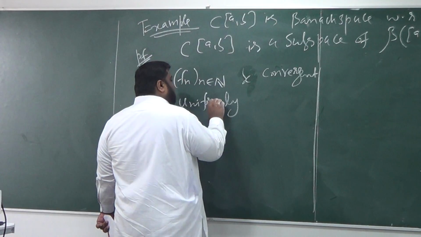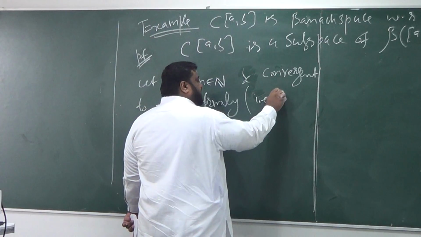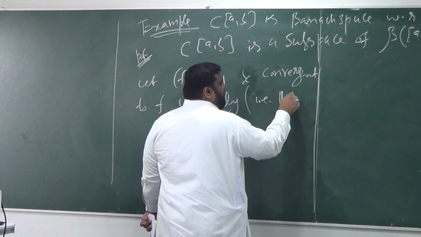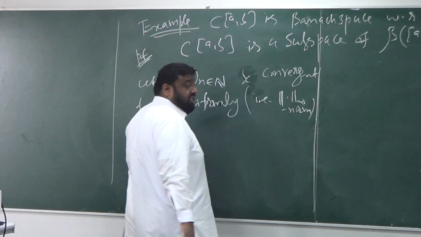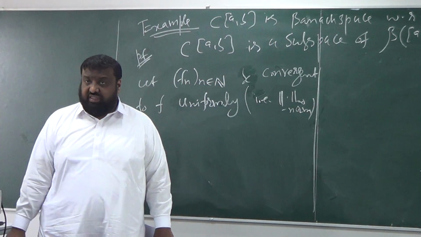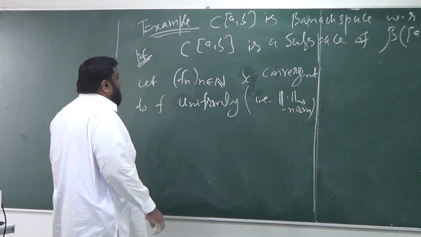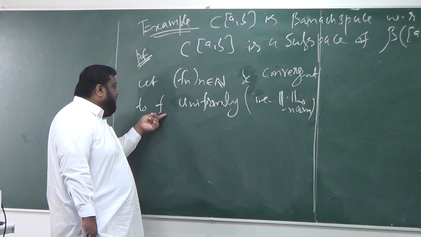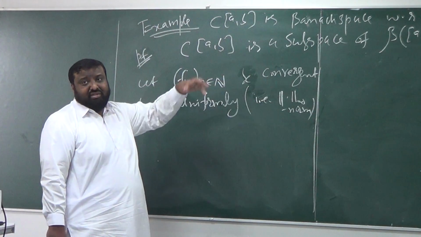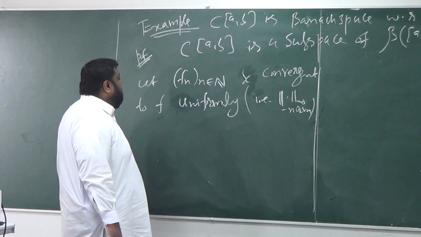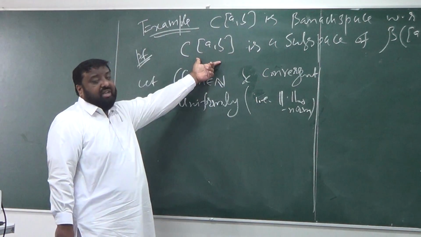What do I mean by uniformly? I mean that the convergence is in the infinity norm. If you have convergence in the infinity norm, we call it uniform convergence. And I'm not assuming where f belongs. So obviously it is going to be somewhere, and I need to show that this is also an element in C[a,b].